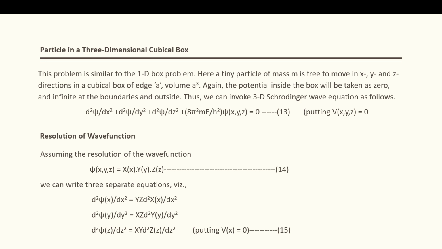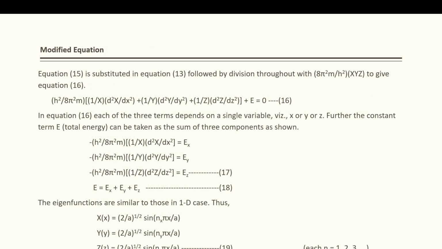Likewise, equation 13 can be broken down into 3 separate equations, written over here as equation 15. By substitution, equation 15 has been substituted into equation 13 and divided throughout by 8 pi square m upon h square times X Y Z to give equation 16.